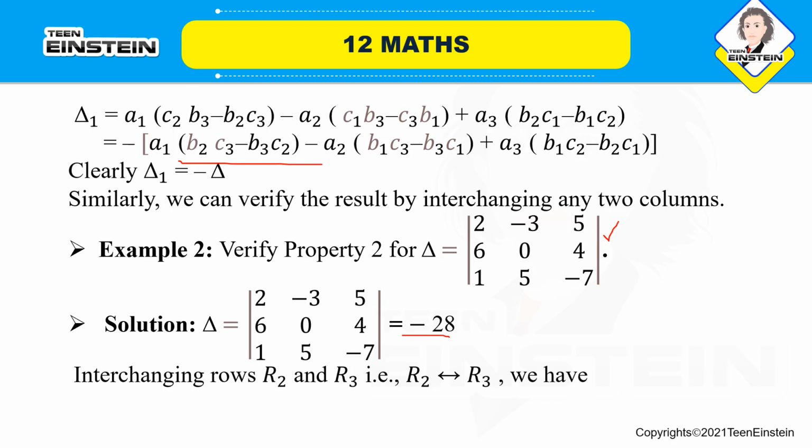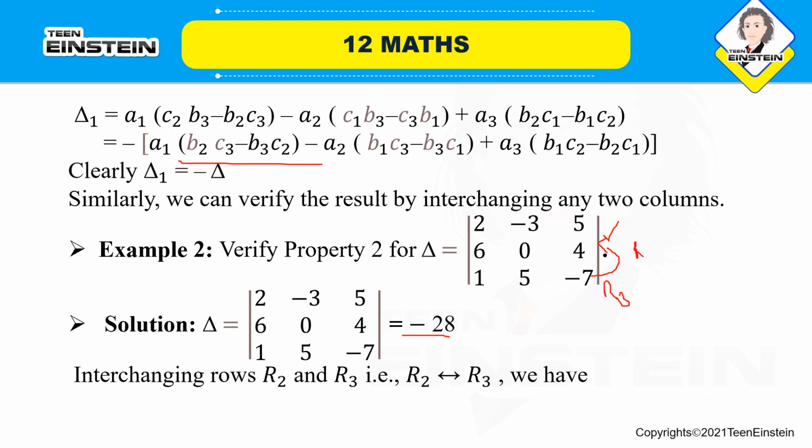Okay. Now we are going to find a new determinant by interchanging the two rows R2 and R3. What is R2? R2 is the second row and R3 is the third row, right? So I am going to interchange these two rows.